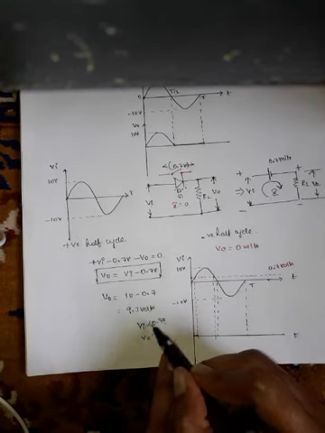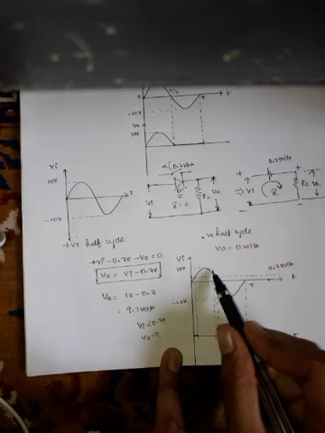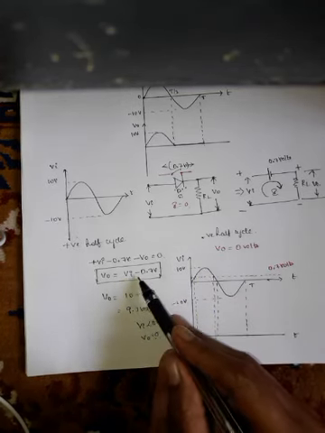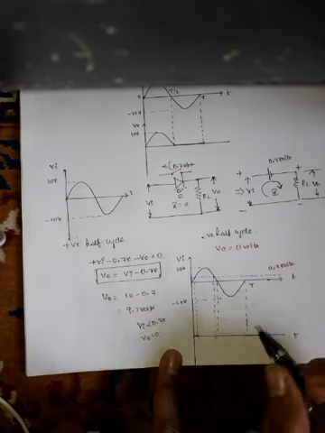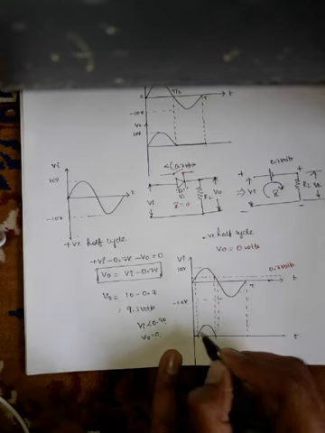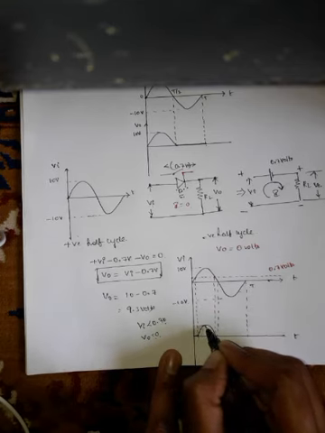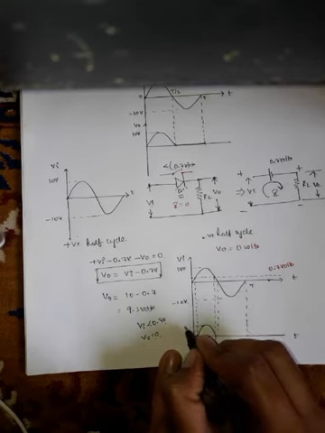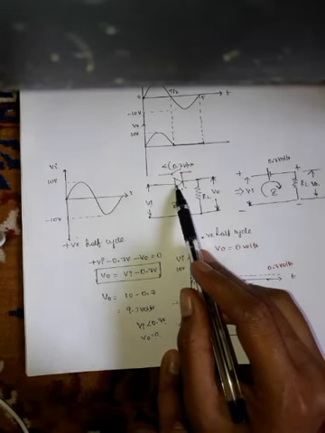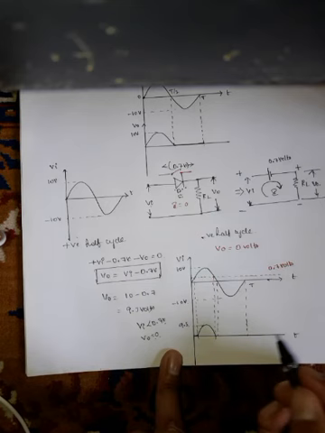When the input voltage increases from 0.7 volts, the output voltage will be equal to Vi minus 0.7 volts. Therefore, the waveform will be like this. The maximum value we are going to get for the output voltage is equal to 9.3 volts because of the barrier potential we are having for the diode.